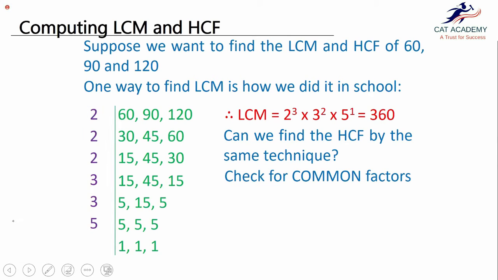Observe this and tell me for which line all the 3 numbers are changing. For this line, when I divide by 2, all the 3 numbers are changing. Not this, because here 45 is not changing. But after this, if I divide by 3, all the 3 numbers are changing. So this is a common factor. After this, no.